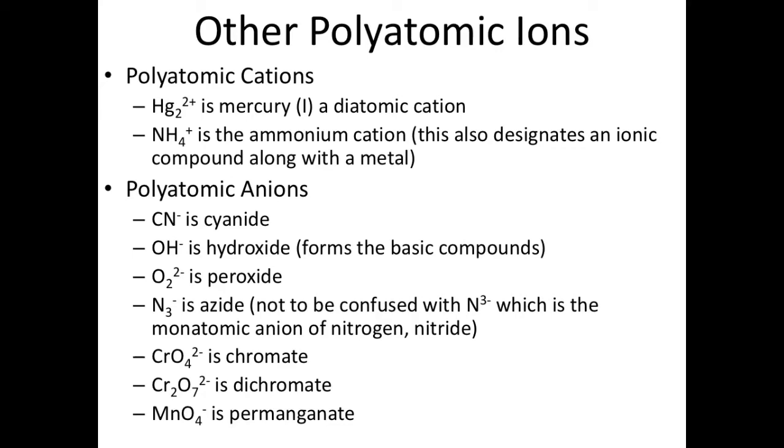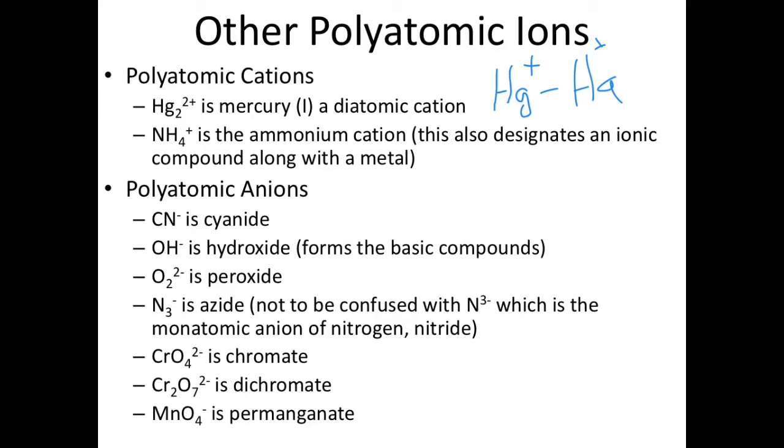Polyatomic cations. Hg2 2+ is the mercury(I) diatomic cation. It is 2 mercury 1+ cations held together by a covalent bond. NH4+ is the ammonium cation.